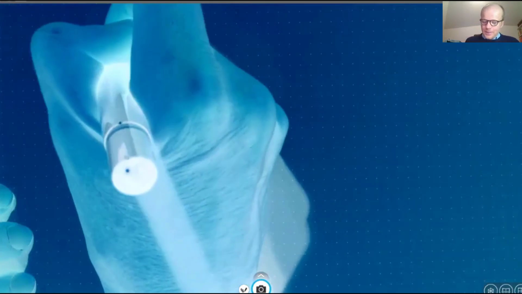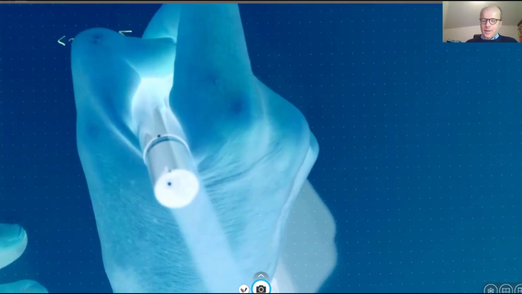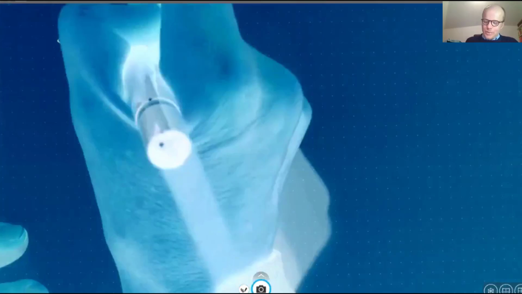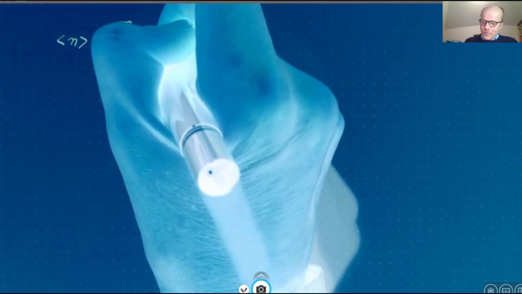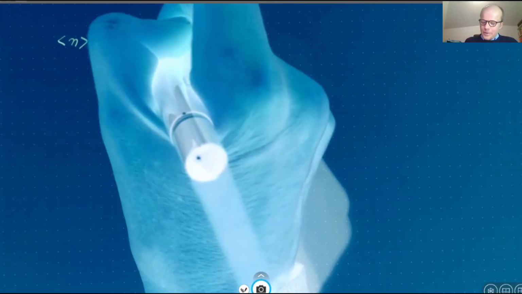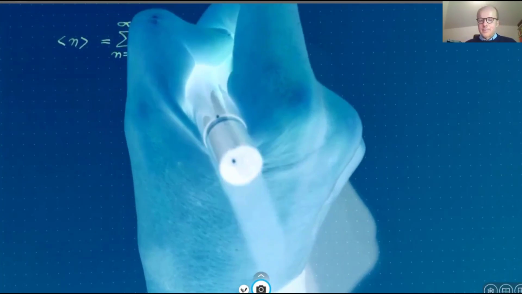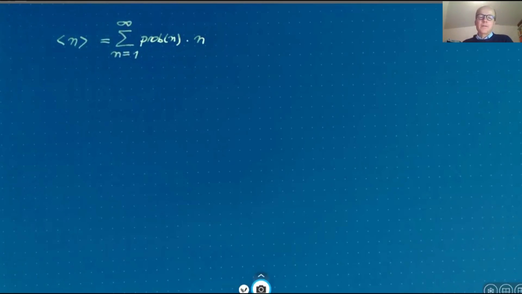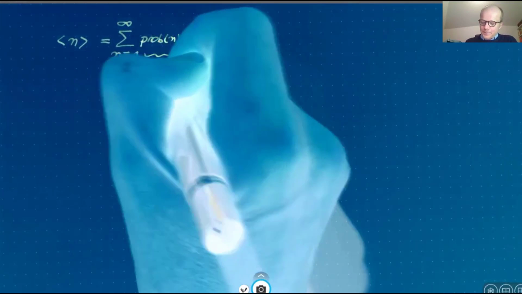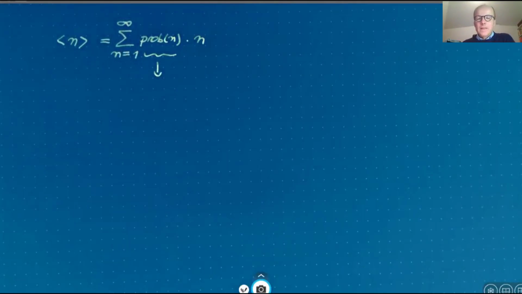The expected number of runs is the sum. You need at least one, of course, and in principle can go up to infinity. And then you need n runs with a certain probability prob of n. So you take the weighted average, and this gives you the expected number of iterations. What is the probability that you need exactly n iterations?